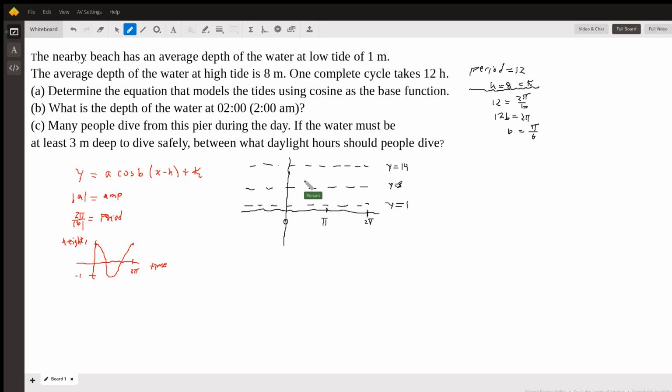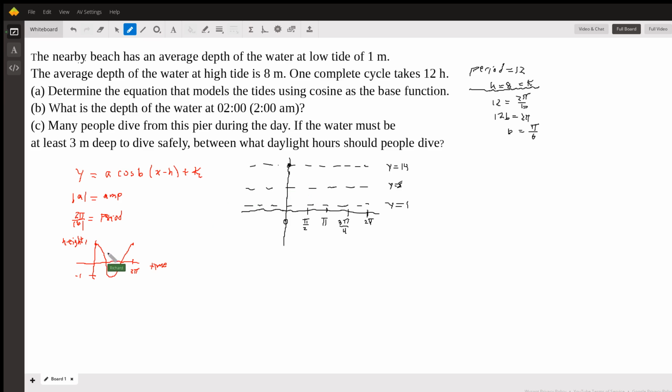So let me just sketch the curve. So you can see it begins at the max here. So it starts here, and then we just divide this up into pi over 2 here, and then 3 pi over 4 here.